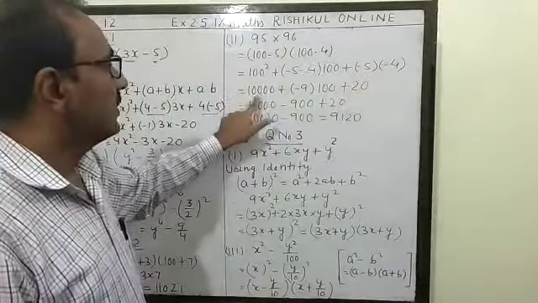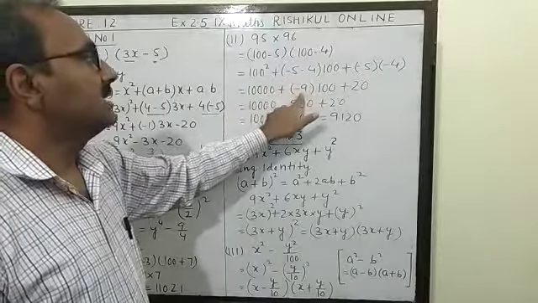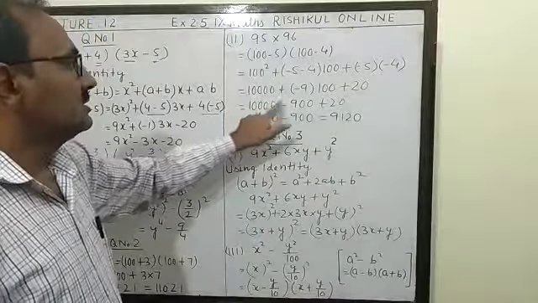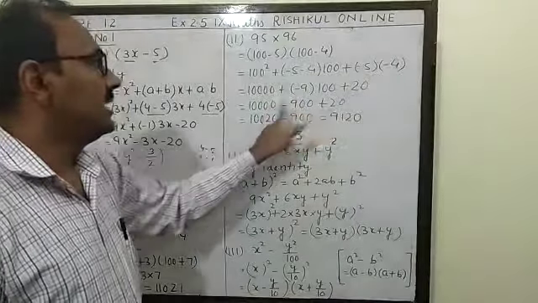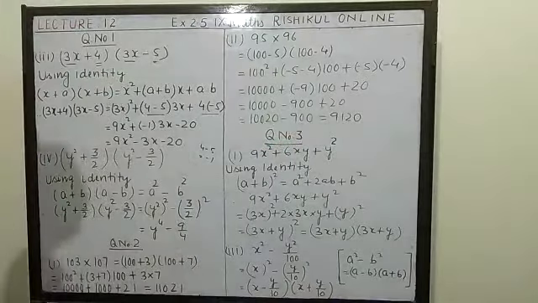Then 100 square 10,000, minus 5 minus 4 is −9 into 100 is −900, plus 20. Then 10,000 minus 900 plus 20, you add together, equals 9120.